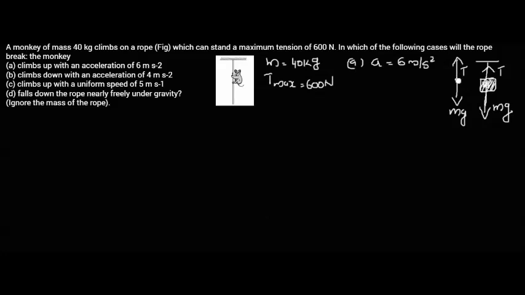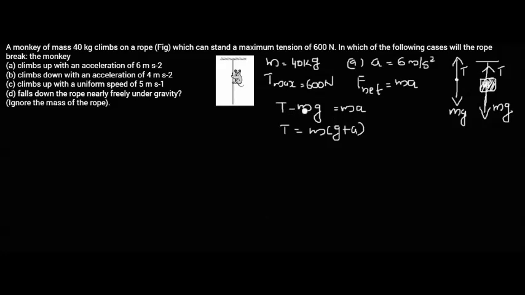Now we have to apply Newton's second law, that is, the net force experienced is equal to mass into acceleration. Since the monkey is climbing up, while writing the net force I have to write the tension first. So T minus mg is equal to m into a, or T is equal to m into (g plus a).